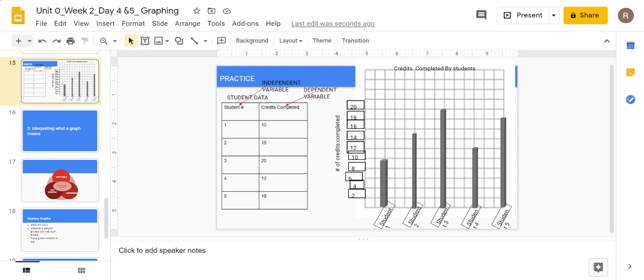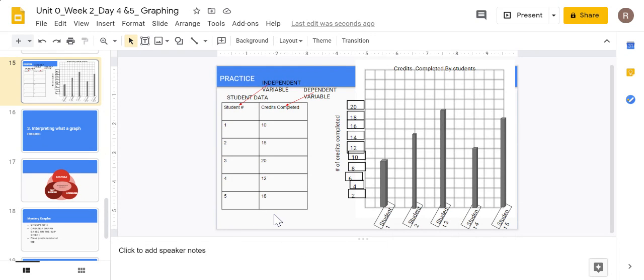Let's look at our checklist. We chose the graph type. I'm using a bar graph because I'm showing different groupings. I created a title. I labeled my axes by the independent and dependent variables: number of credits completed, and then student number at the bottom.